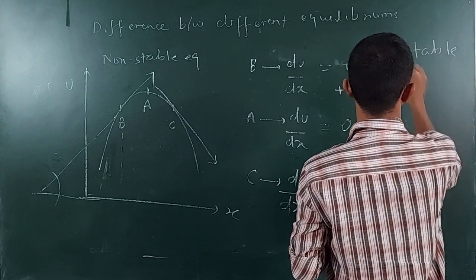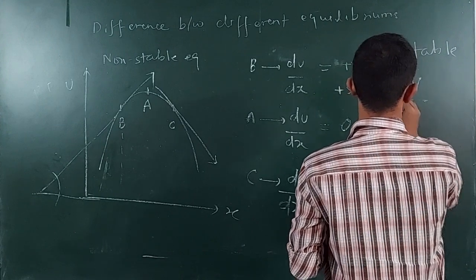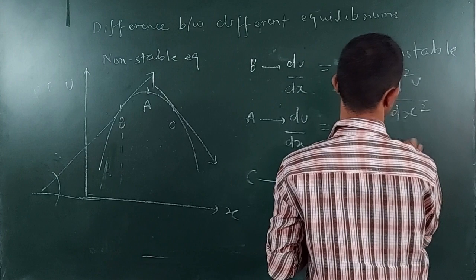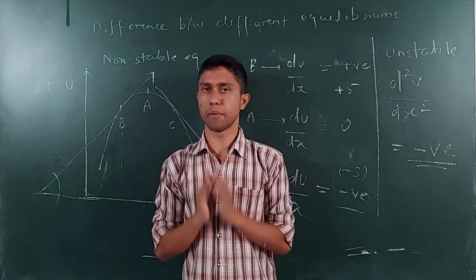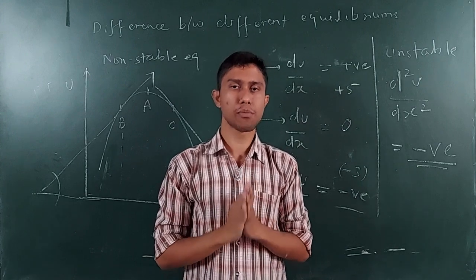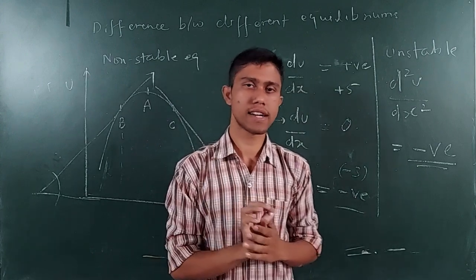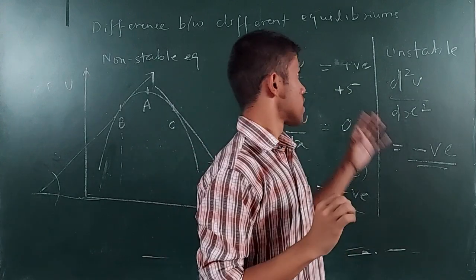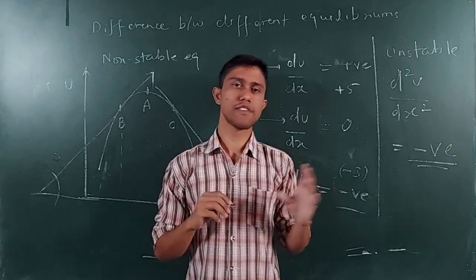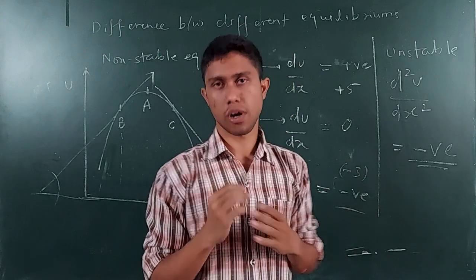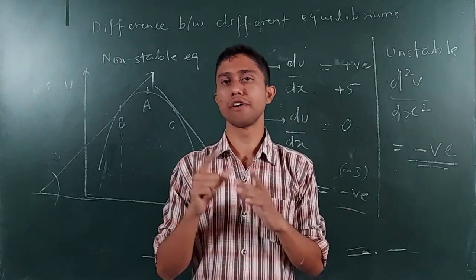So for an unstable equilibrium, d square u by dx square is negative. This is a very important point. Whenever you get d square u by dx square negative, you have to understand that it is an unstable equilibrium. I have told you that we have to distinguish.